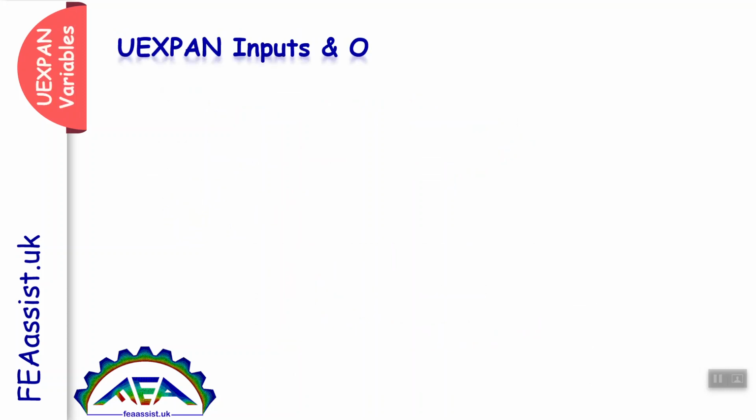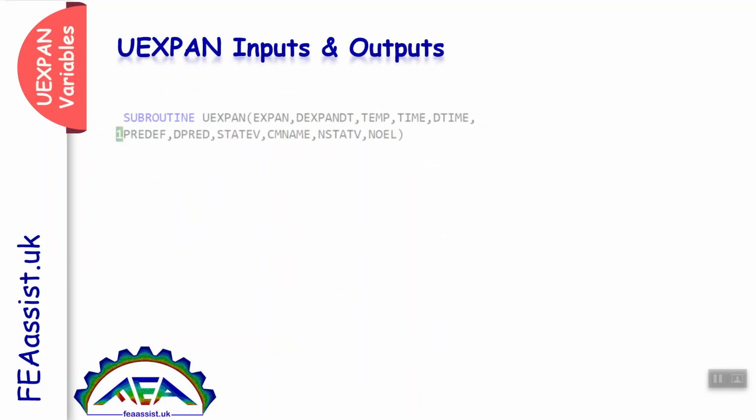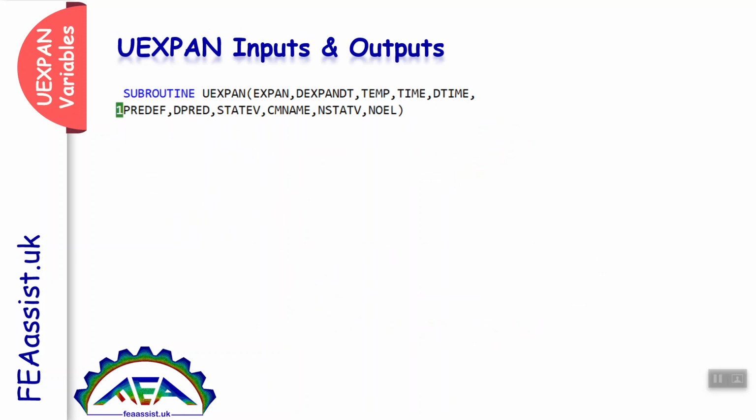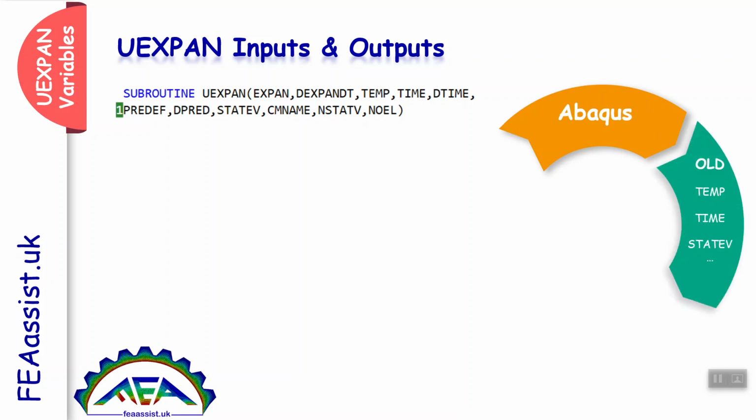UEXPAN variables. UEXPAN inputs and outputs. The UEXPAN subroutine has some inputs, and we need to process them and export outputs to Abaqus. In other words, Abaqus computes temperature, time, and state variables.